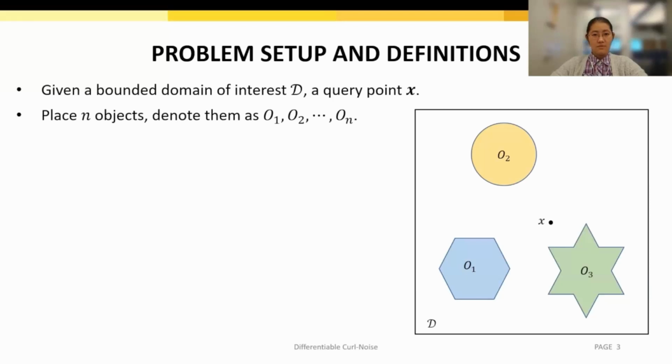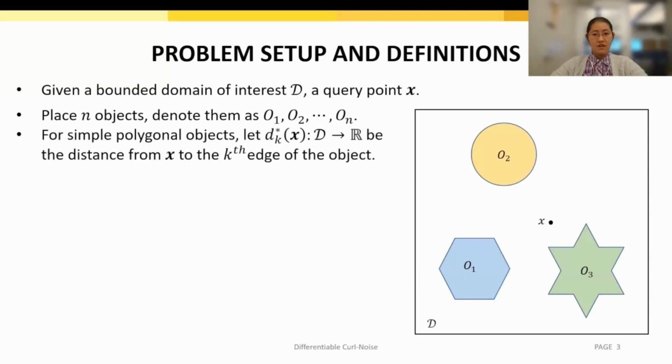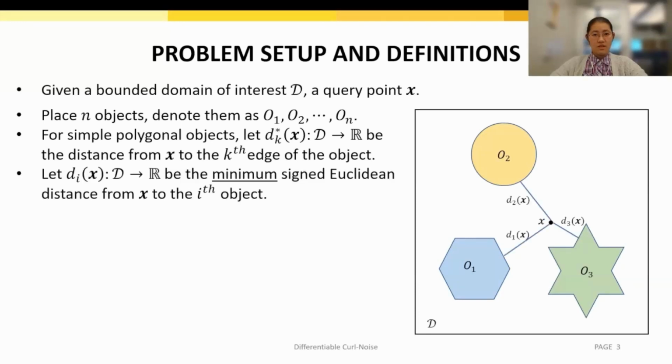For simple polygonal objects, we let d_k star be the distance from the query point X to the kth edge of the polygonal object. Let d_i of X be the minimum signed Euclidean distance from the query point X to the ith object. Notice that for a polygon, we write d_i of X as the minimum distance from the query point to all its edges.